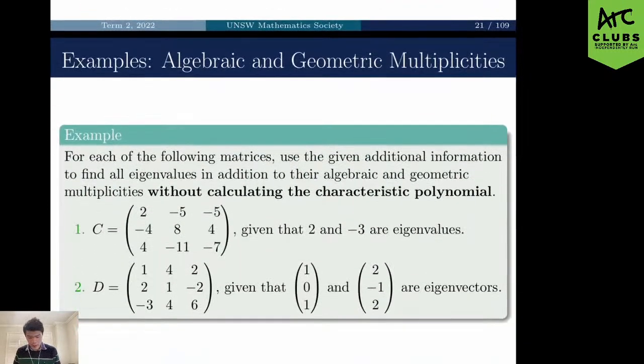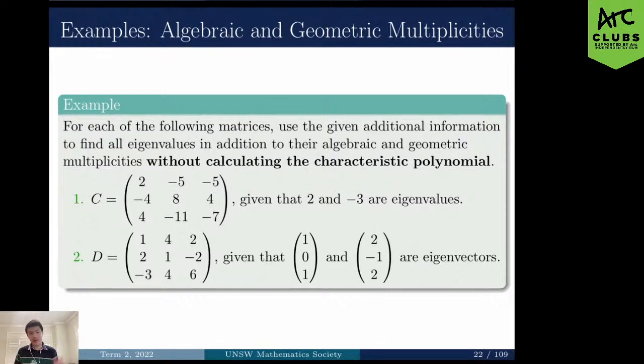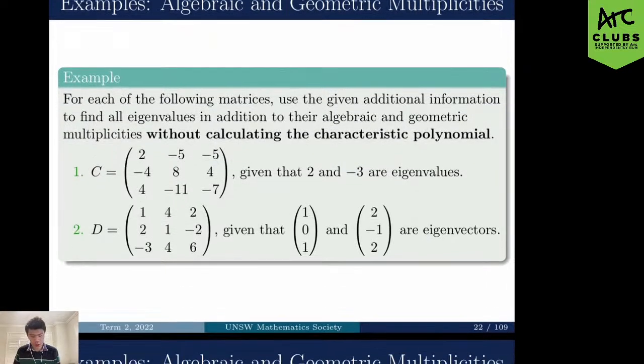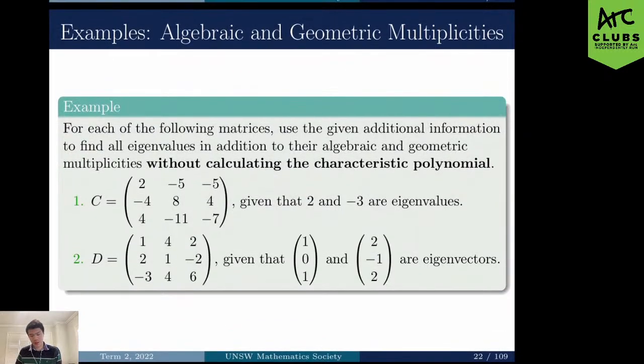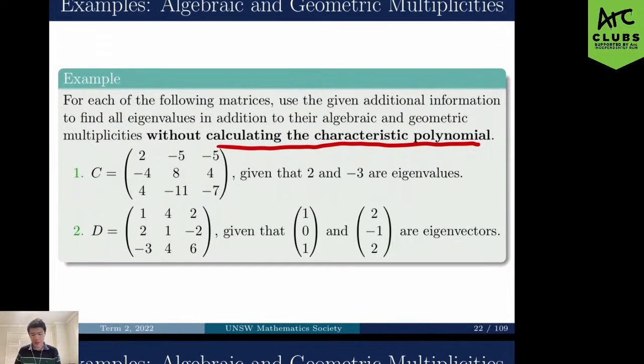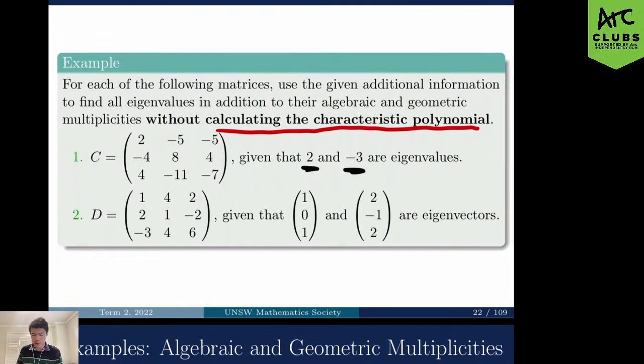Cool. Alrighty. There's a second set of examples on algebraic and geometric multiplicities, so we won't go too much into this, but basically we're using information and we're explicitly told not to calculate the characteristic polynomial. Basically we have to use the information. So if 2 and minus 3 are eigenvalues, then what we can actually do is try to work out what the last eigenvalue must be.